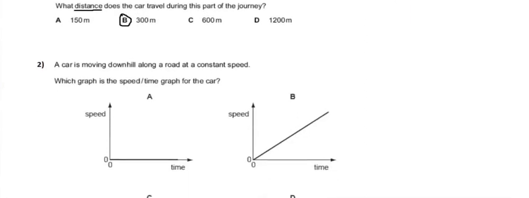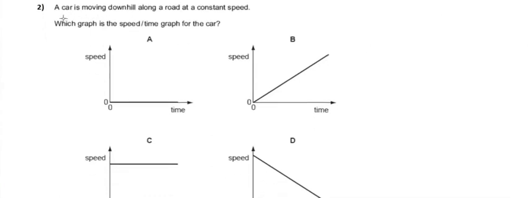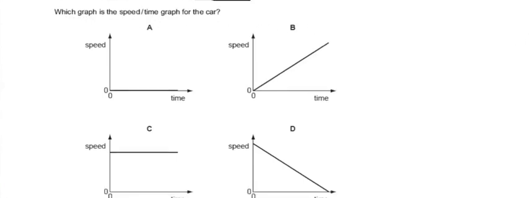Now question number 2. A car is moving downhill along a road at a constant speed. Here you can see it is a constant speed. Which graph is the speed-time graph for the car? The options are given directly in terms of speed and time, so you have to see carefully.